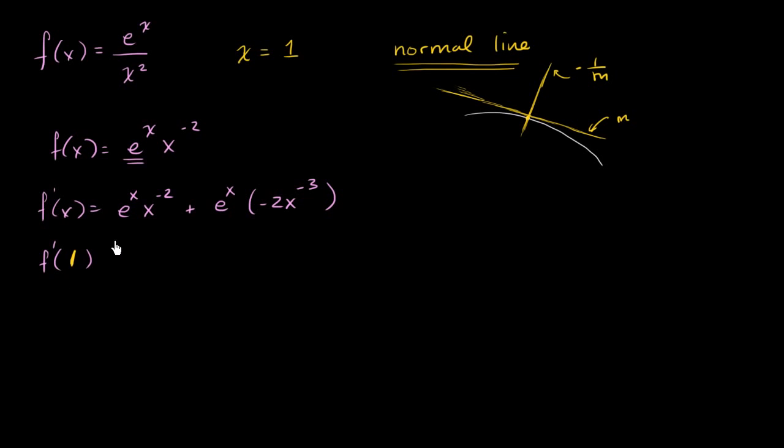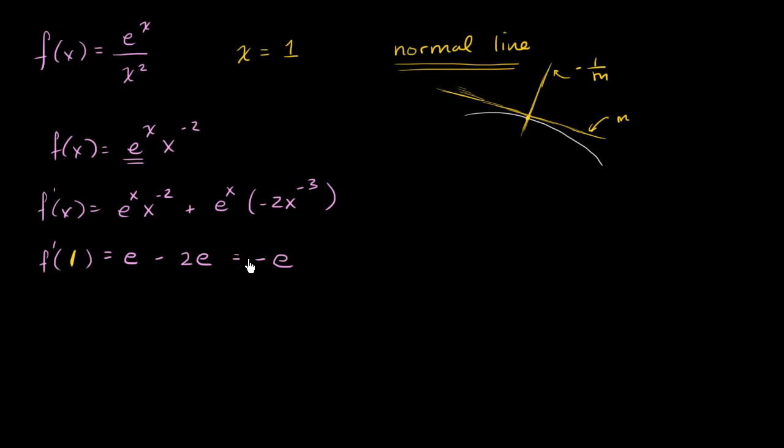This is going to be e to the first power, which is just e, times 1 to the negative 2, which is just 1, plus e to the first power, which is just e, times negative 2, 1 to the negative 3 is just 1. So e times negative 2. So let me write it this way. So minus 2e. And e minus 2e is just going to be equal to negative e.